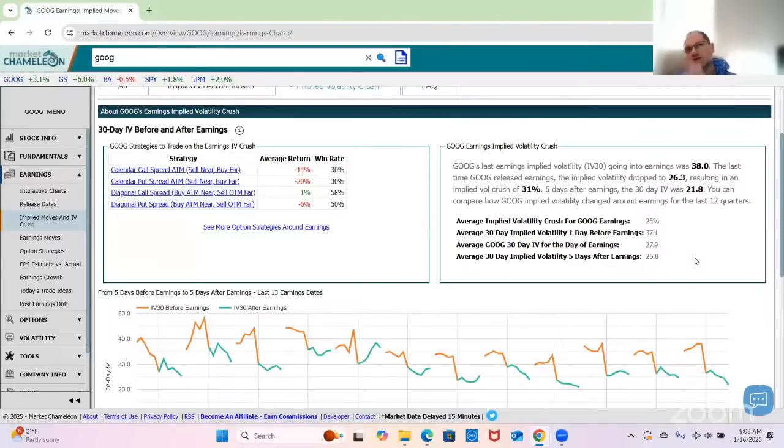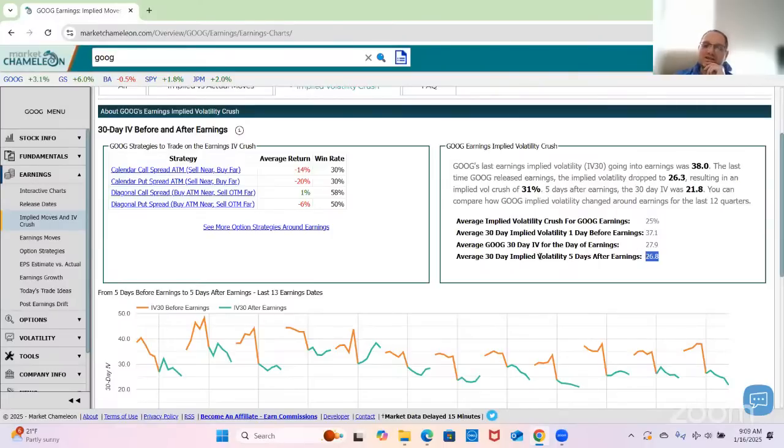And the idea there is, okay, when it declines, is it overdone and then it climbs back up, or does it continue to decline or stay right there as the days go on? And here it says, well, 5 days later, on average, it's 26.8. So it looks like it continues to decline as you go out further in time, 5 days later.